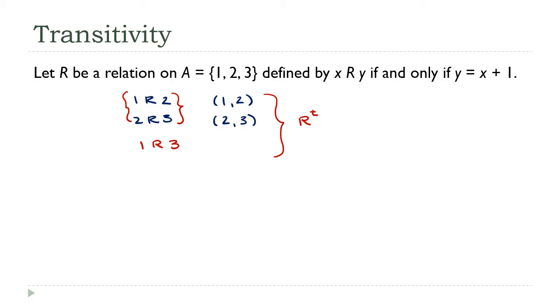And usually the trickiest part of this is proving that this is the minimal one, but I only added 1 element. It's hard to make something smaller than this because I only added one thing. So yeah, this is also the smallest such transitive relation.